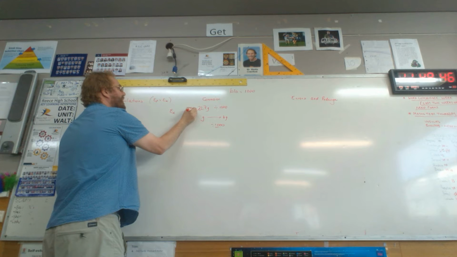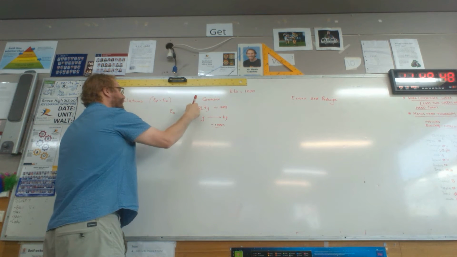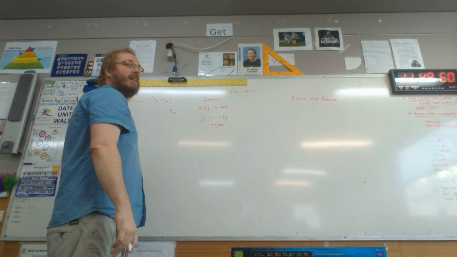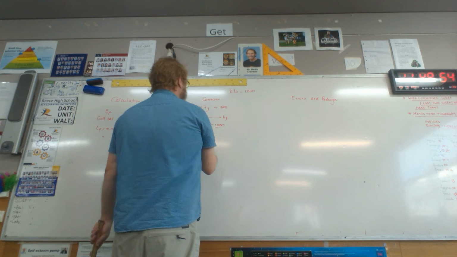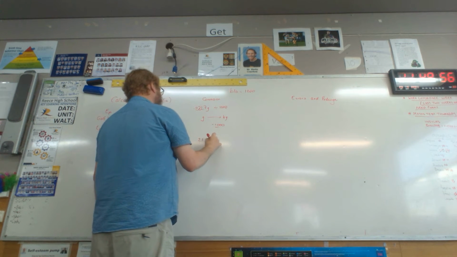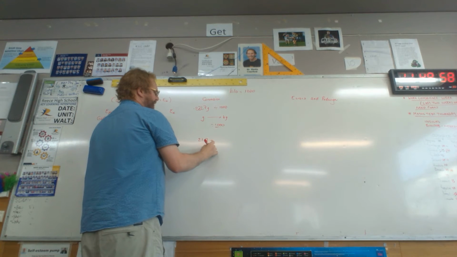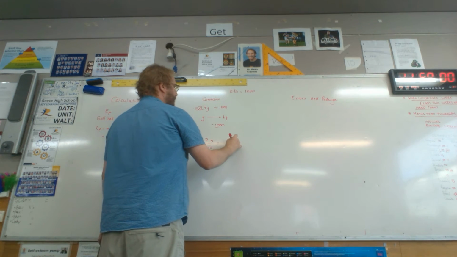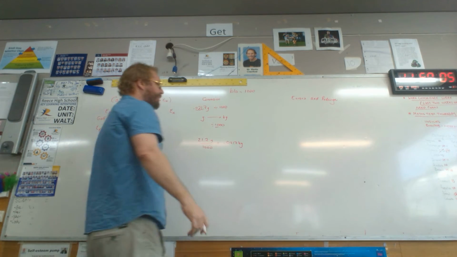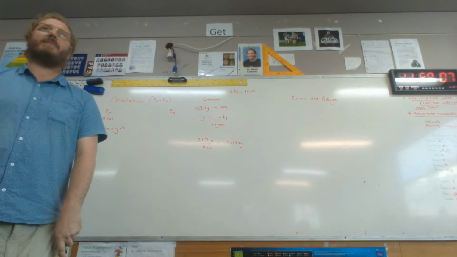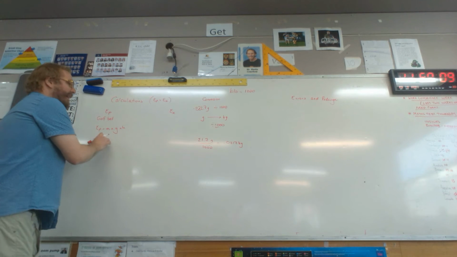So the decimal point is now here. The only problem is there's nothing there, so I put a 0 because that's how I represent nothing. So 21.7 grams, if I divided that by 1,000, would actually equal 0.0217 kilograms.